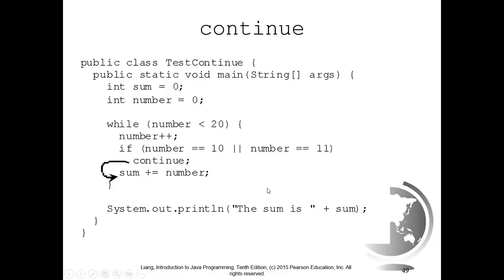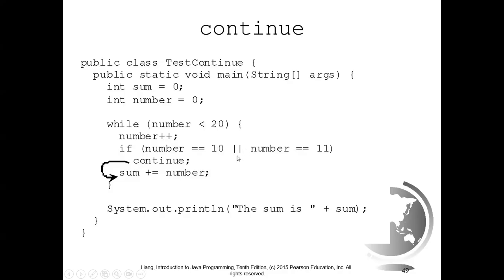So how can we skip 10 and 11? In this case, we use the keyword continue. In the case listed in our slide, it uses an if statement: if number is equal to 10 and or, this is a relational operator, right?